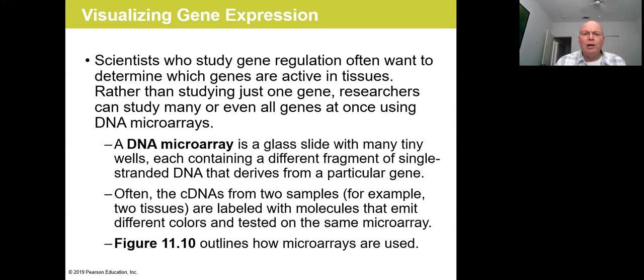And inside that well, you attach a piece of DNA to the surface of the well, and then you use a single strand of DNA that is complementary to the genes that might be there as a label to indicate which genes are active and which genes are not, because the single-stranded DNA will actually bind to the messenger RNA of the activated gene.